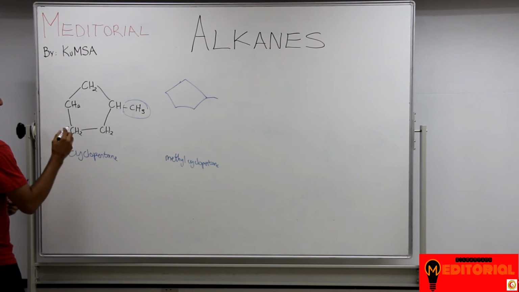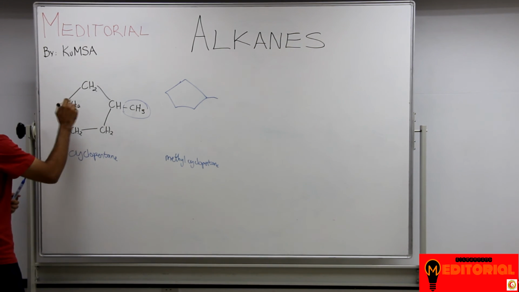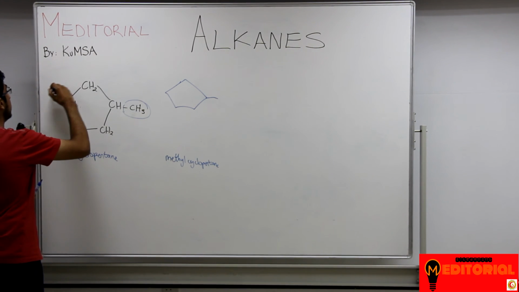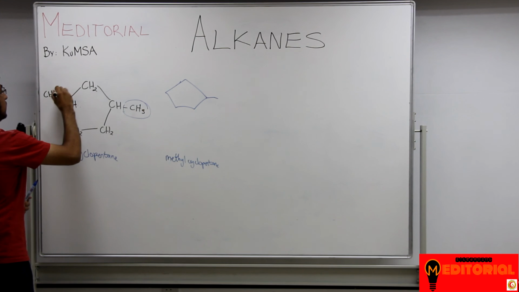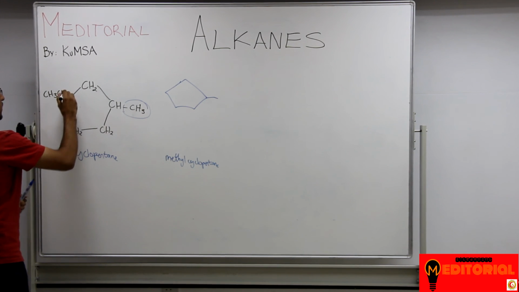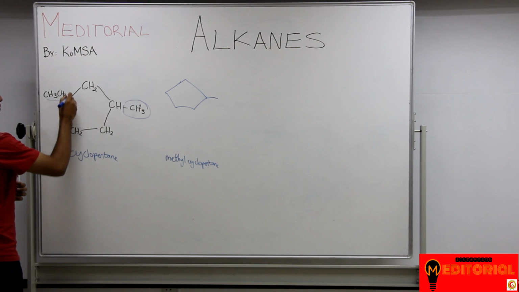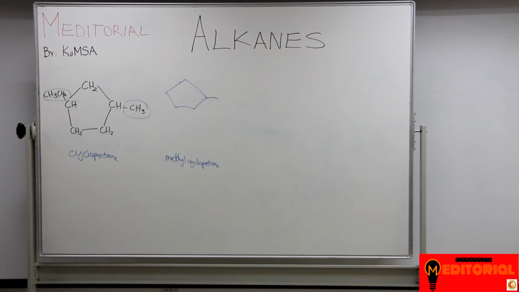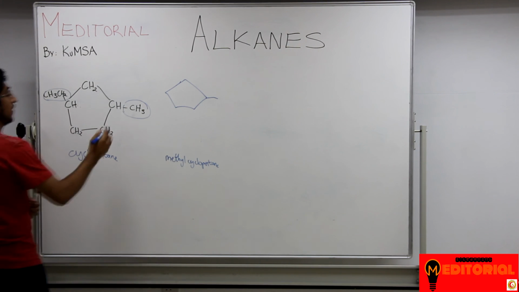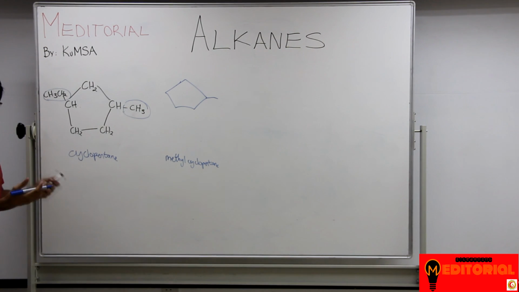For example, if I stick an ethyl group over here, so this is going to be a CH3, CH2 group that's attached to this carbon over here. So this is an ethyl group. So now I have an ethyl and a methyl group. What am I going to do? Well, I have to see which one gives the lowest numbering.